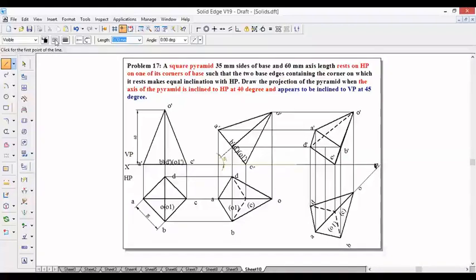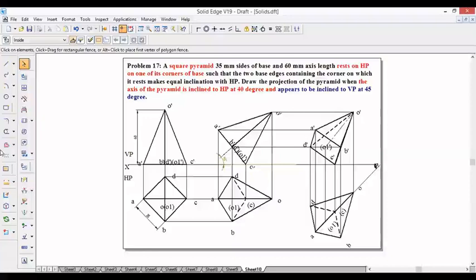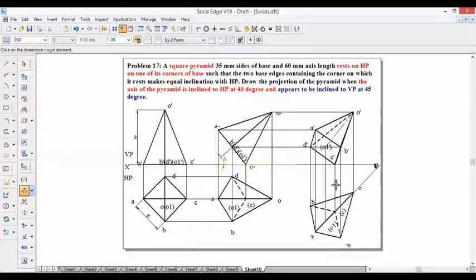Then let's move on to the axis line from this end point to O. Since the base is visible, the O1 dash is also visible. So this is the solution for example problem number 18.